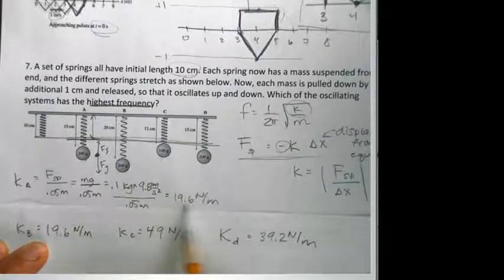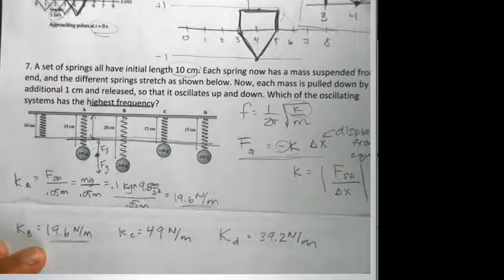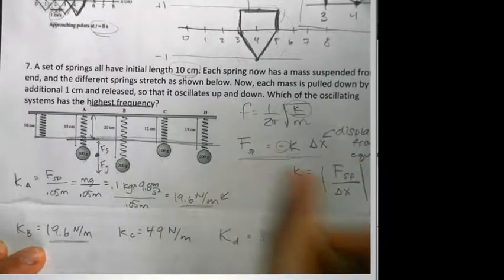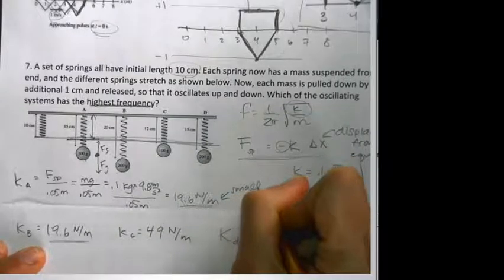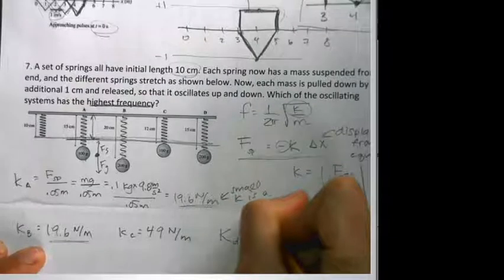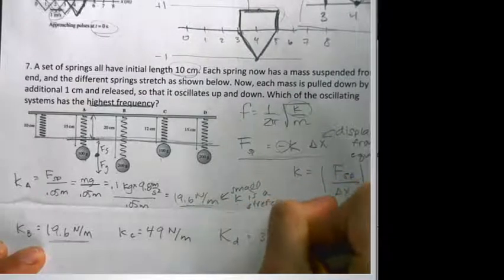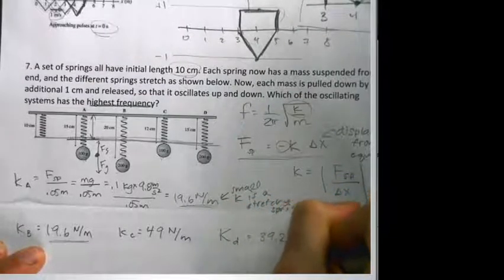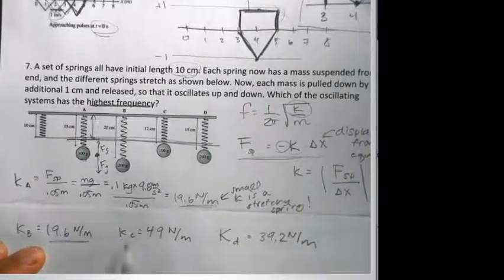So it makes sense to think about these two springs as being equally stretchy. So a small k is a stretchy spring, and this big K is the stiffest spring.